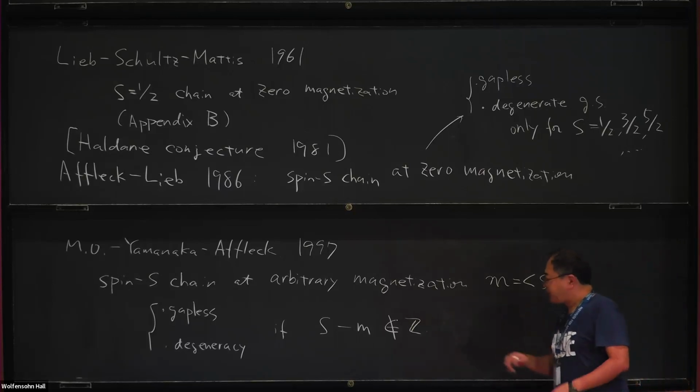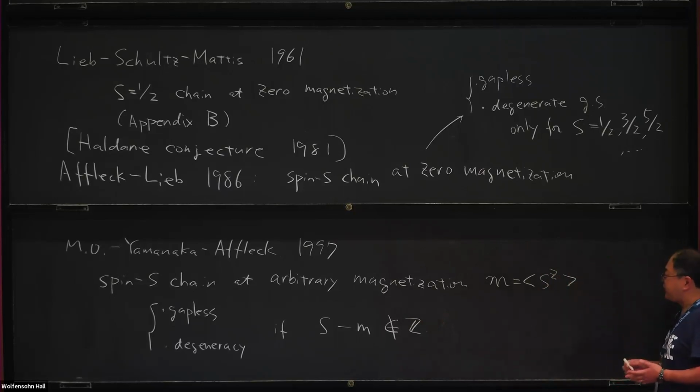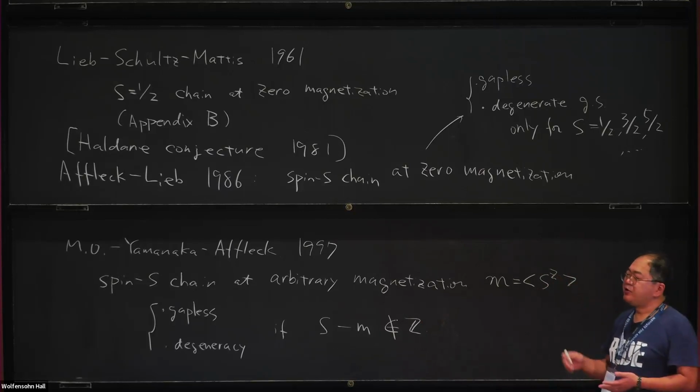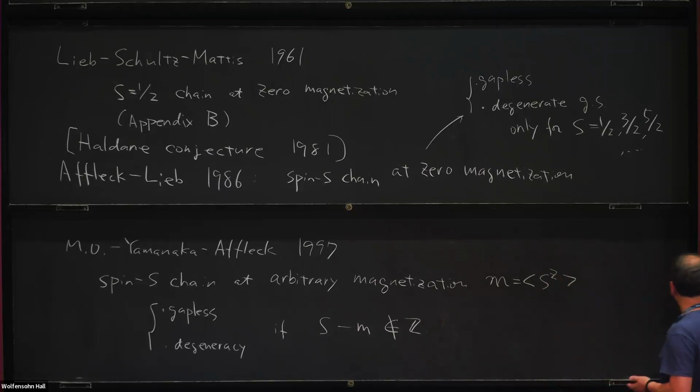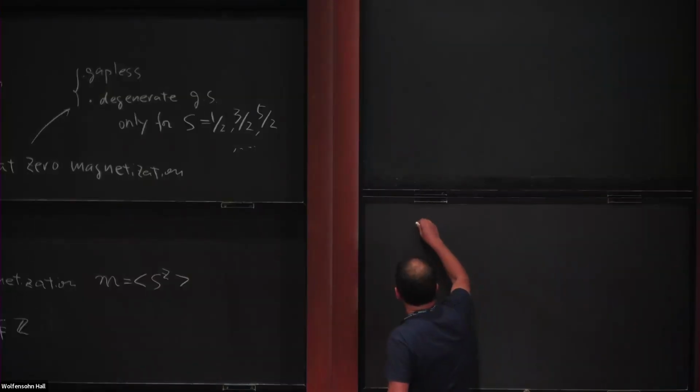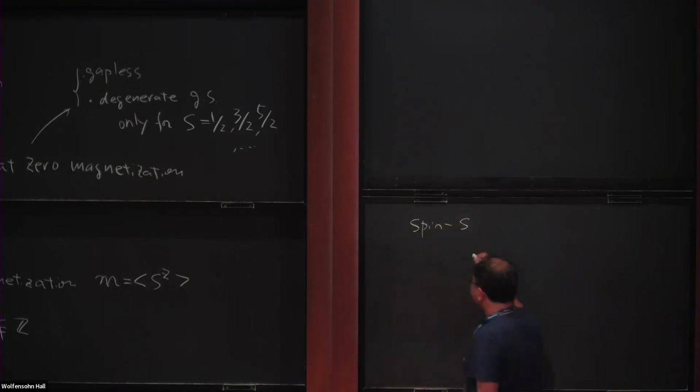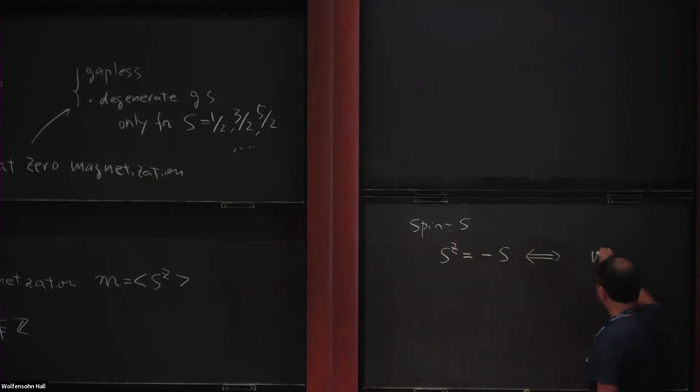this condition looks strange, but you can always map a quantum spin system to a quantum many-particle system. For example, if you have spin S, then the smallest eigenvalue of S_z is minus S. So you can associate this with a vacuum.